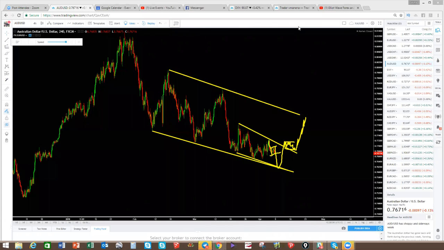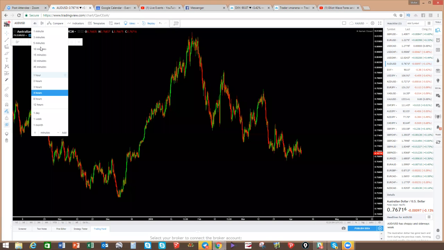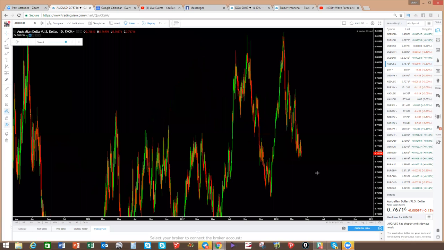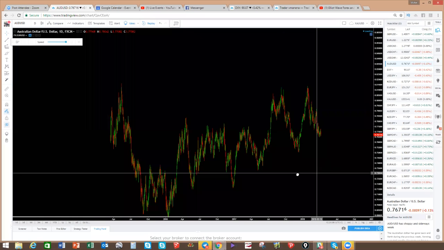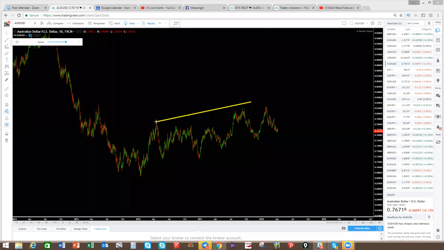Okay, so if I showed last week the overall structure that I'm looking at on AUD US dollar, let's go daily. We're looking at this as a diagonal like that.